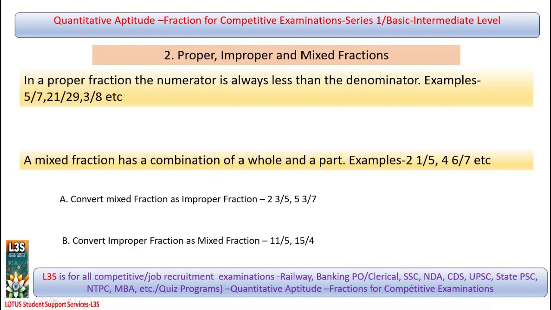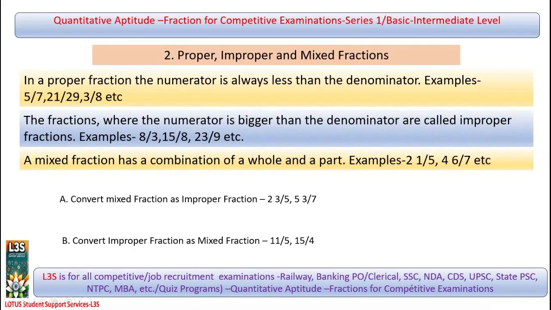Second one, numerator is 21, denominator is 29, so the numerator is less than the denominator. Third one is also the same, 3 is less than 8. So these kinds of fractions are called proper fractions.